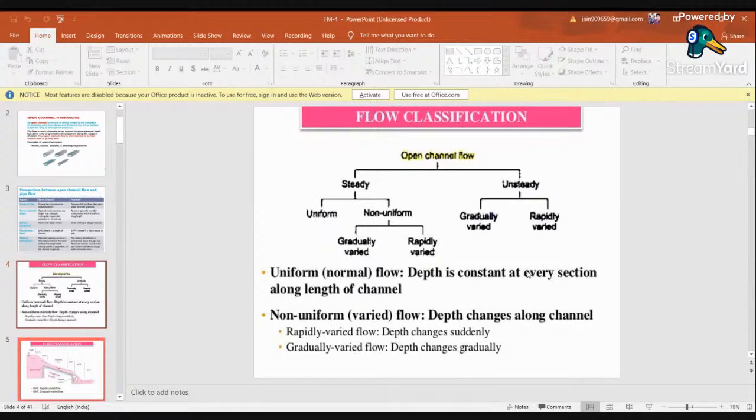When the depth of the channel changes abruptly over a small length of the channel section, it is called a rapidly varied flow. And when the depth of the section changes gradually over the length of the channel, it is termed a gradually varied flow.